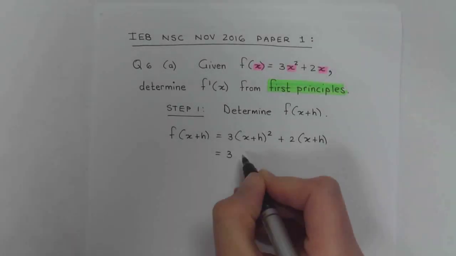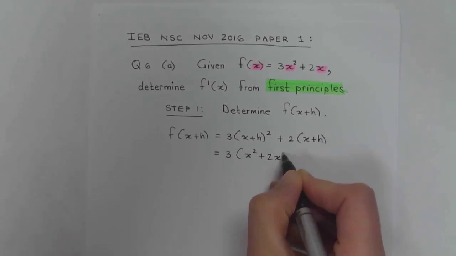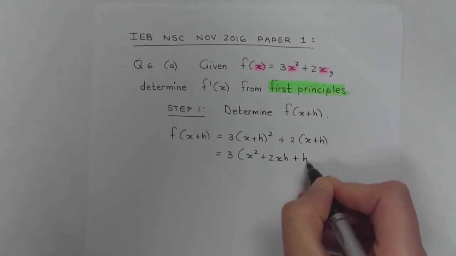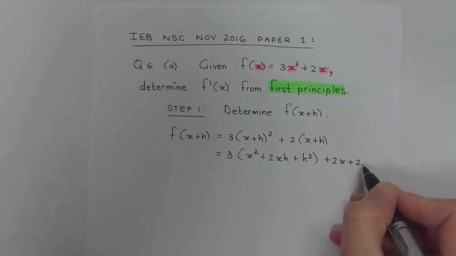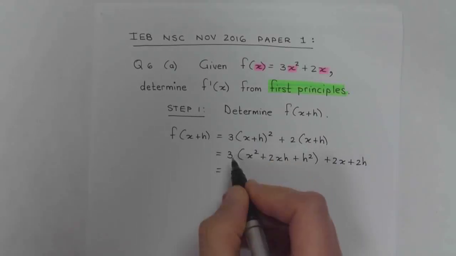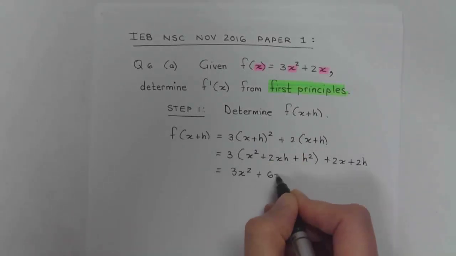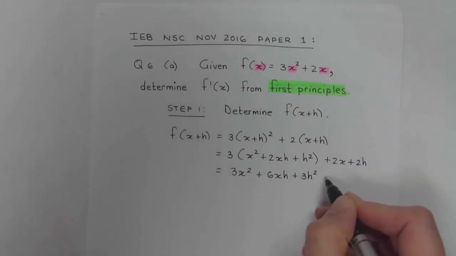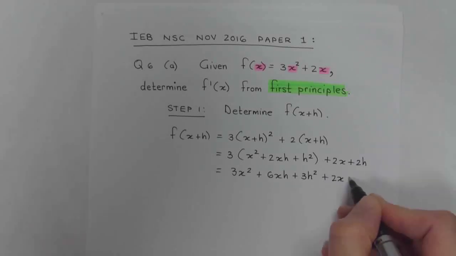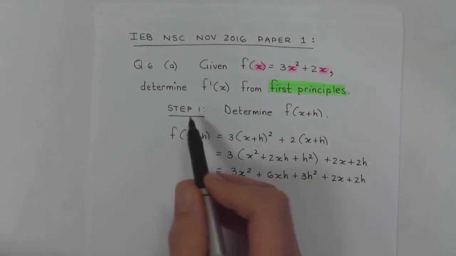So we're going to say it's 3 times x squared plus 2xh plus h squared plus 2x plus 2h. And then I distribute that 3, saying it's 3x squared plus 6xh plus 3h squared, and then plus 2x plus 2h.